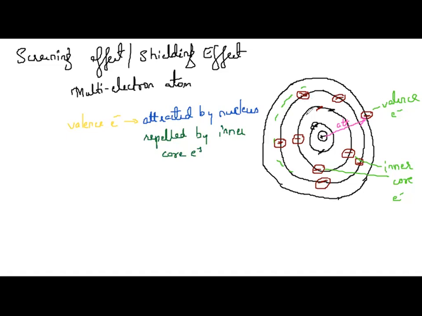Understanding? So on an individual electron, there is similar attraction from the nucleus. If you consider the valence electron, the attraction is the same. But along with this attraction, there is repulsion from the inner core electrons also.